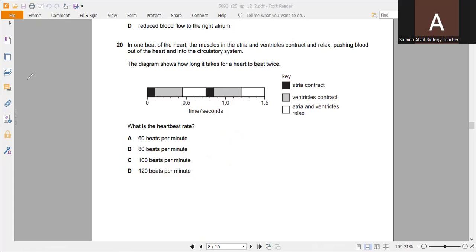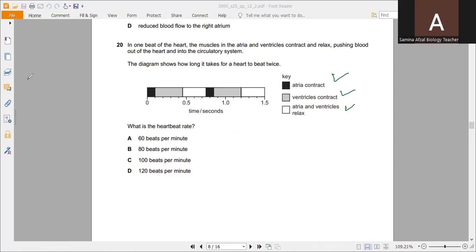The diagram shows how long it takes for a heart to beat twice. Here you can see the heartbeat rate. With black color atria contract, with gray color ventricles contract, and with white color atria and ventricles relax.